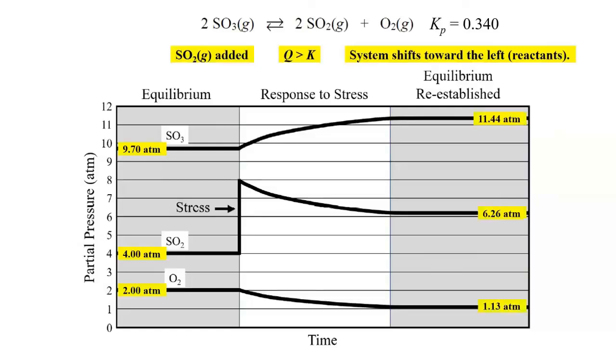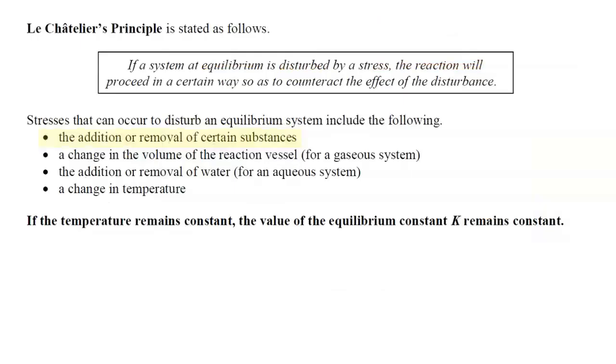And those new numbers on the far right side of the diagram, those are the new pressures when equilibrium has been reestablished. Before we take a look at question 10, we've already seen two examples of the addition of a substance. So question 10 is going to involve the removal of a substance.